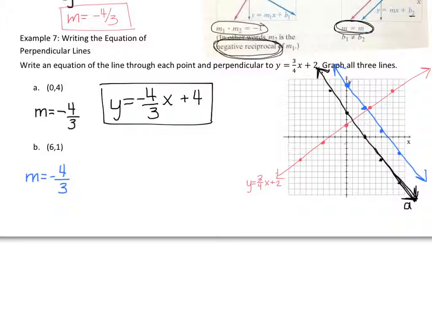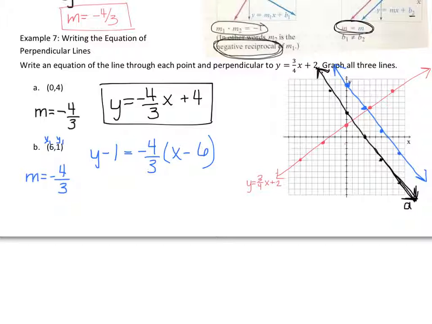Now the other one, since we graphed it first, it was an exact point, so we see that y-intercept, but I actually want to work it out for you for ones where you can't see the exact y-intercept. We have a point and a slope, so we're going to plug it into point-slope form. y minus y1, which is 1, equals the slope times x minus x1, which is 6. We just need to simplify a little bit.